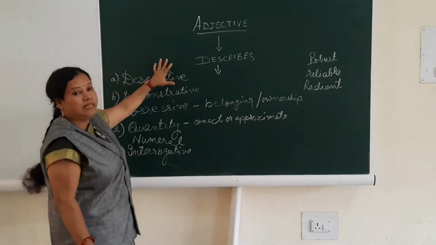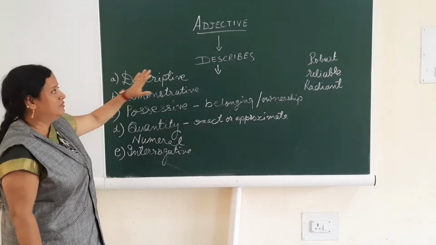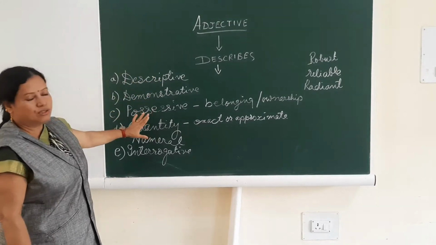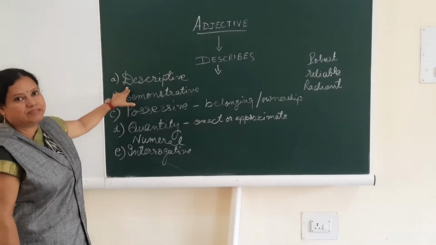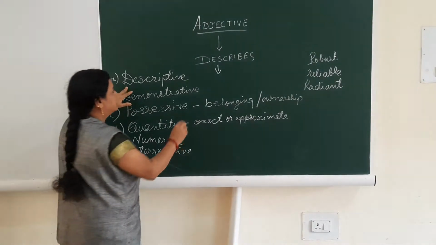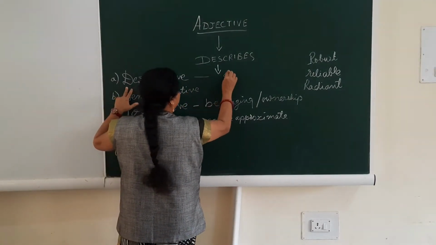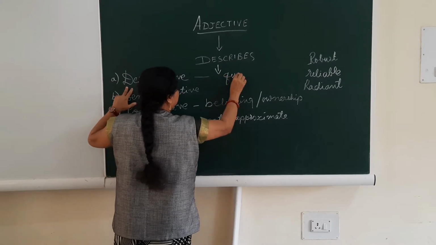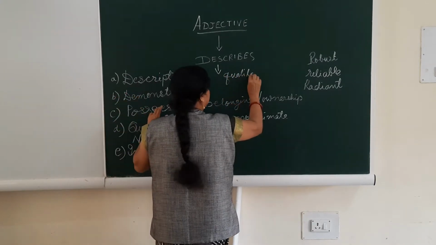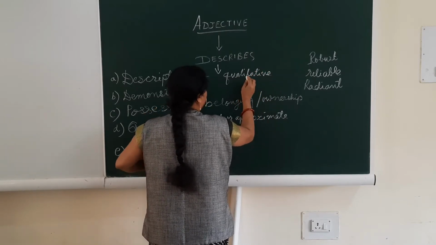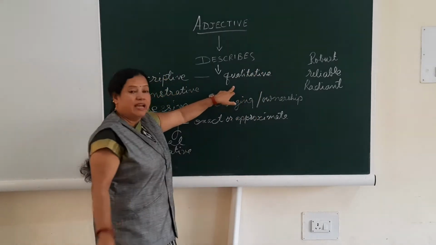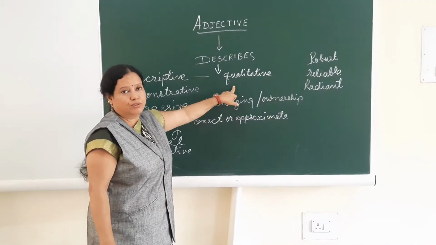Now there are many kinds of adjectives. Today we will read about all the kinds of adjectives. First one you could see here, descriptive adjective. Descriptive adjective is known as qualitative adjective or adjective of quality also.